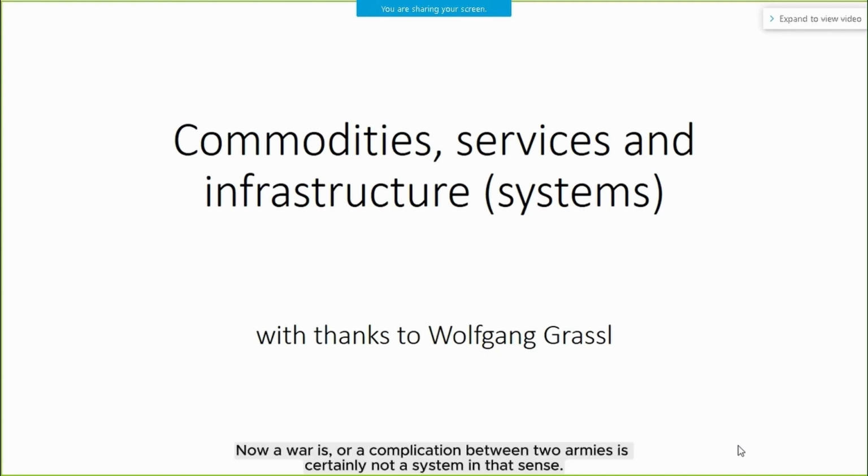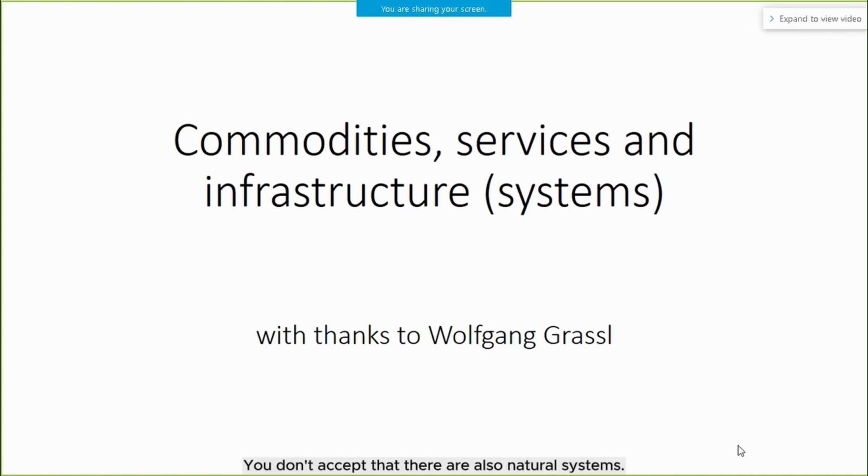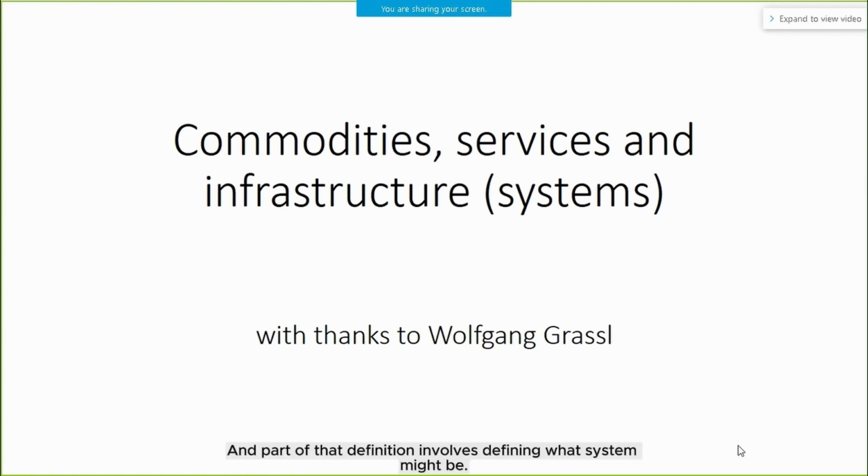Now, a war or a conflagration between two armies is certainly not a system in that sense. The question is whether it's reasonably called a natural system. So I accept that there are engineered systems; you don't accept that there are also natural systems. And I think we can agree that systems engineering is about engineered systems, and we are trying to define what that might mean. Part of that definition involves defining what system might be.